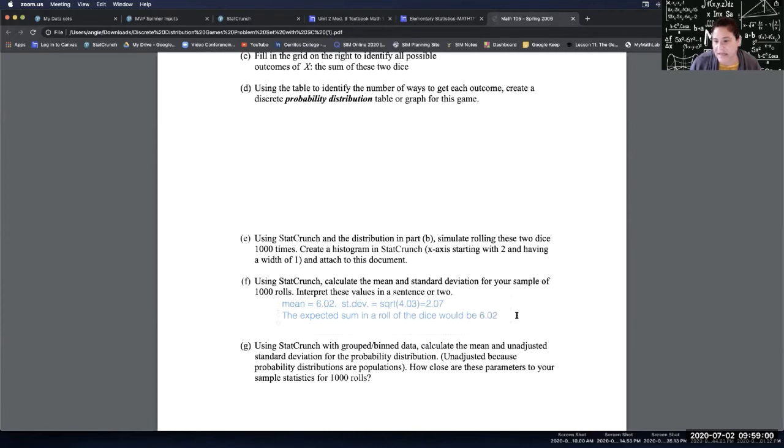If we rolled this die 1,000 times, we could get a sum of 602. But it would be 6.02, give or take 2.07. Each of you will have a little something different, but when we're talking about the mean in a probability distribution, we're talking about the expected value we're going to get.